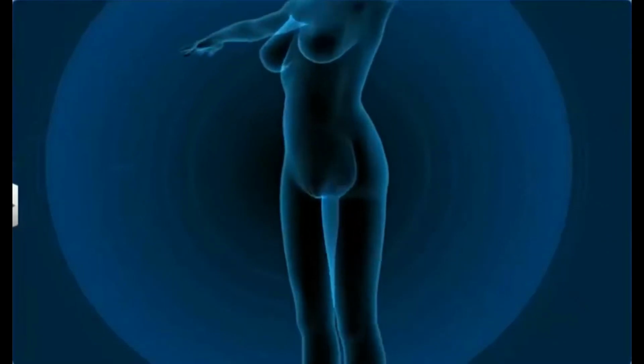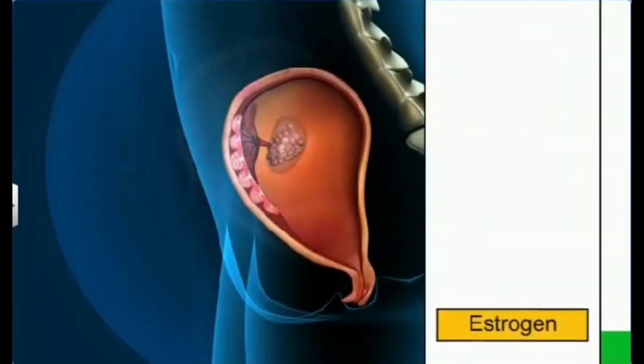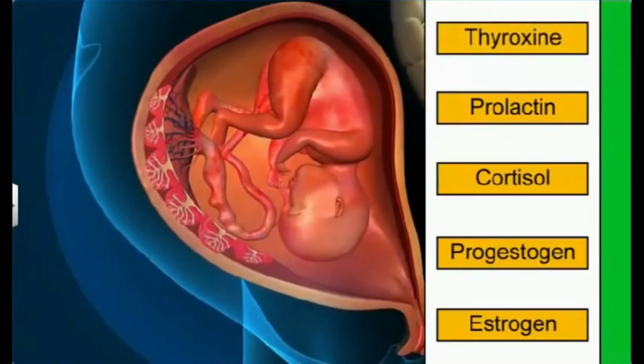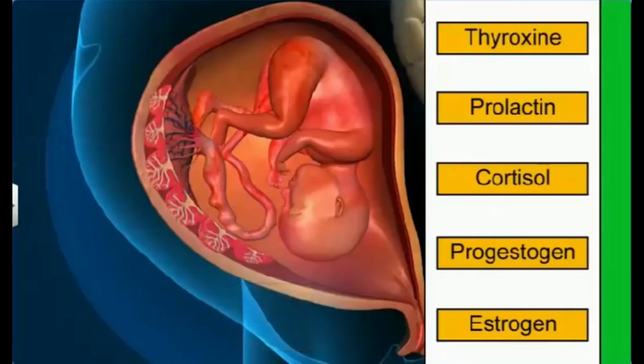Apart from the secretion of these hormones, the levels of hormones such as estrogen, progesterone, cortisol, prolactin and thyroxine also rise rapidly in a pregnant woman's body. These hormones support the growth of the fetus as well as maintain the pregnancy.